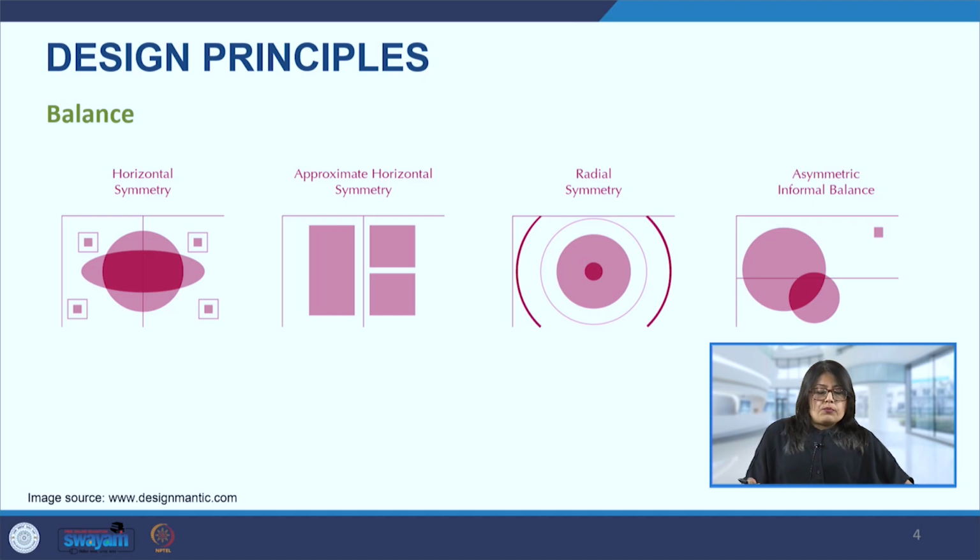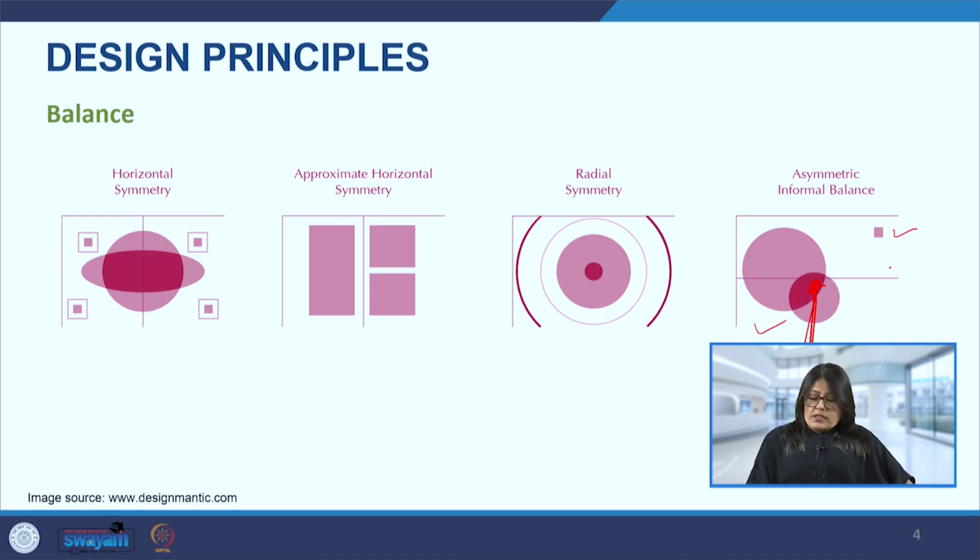Then radial symmetry is where we can see it radiating from the center, with these circles, these rings that are forming. And the asymmetric or informal balance is unlike the symmetrical balance which we saw on the left. Here we have very different forms. We have circles and here we have a square, but look at the placement of these. In this particular overlap of the two circles, because of the overlap, this portion has become quite a focal point, because the color has become darker and there is more action happening here.